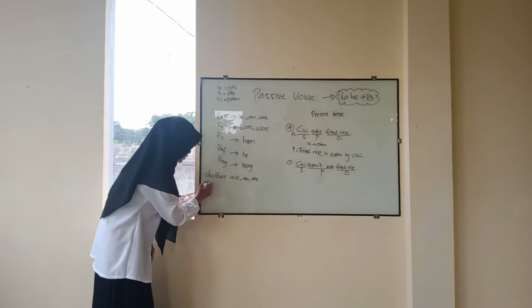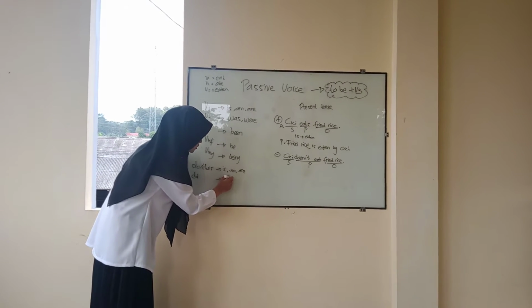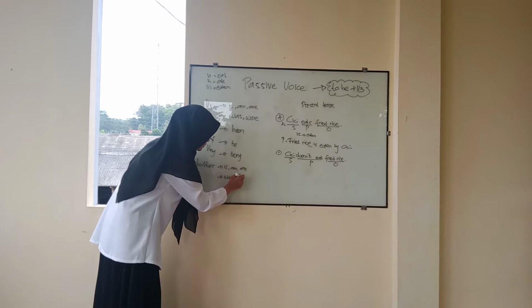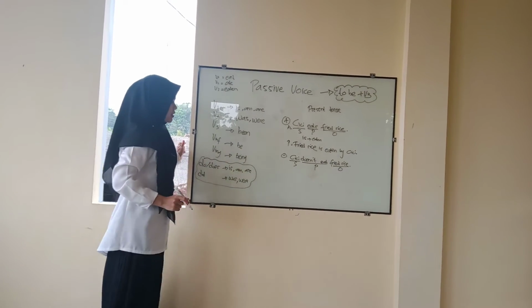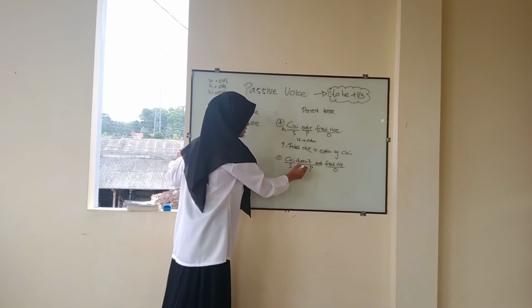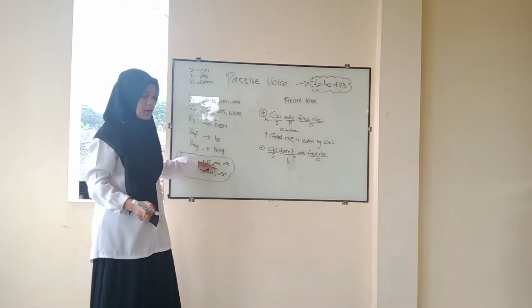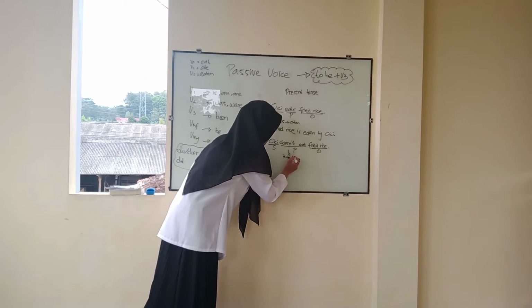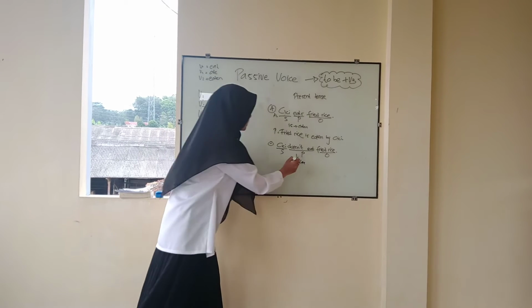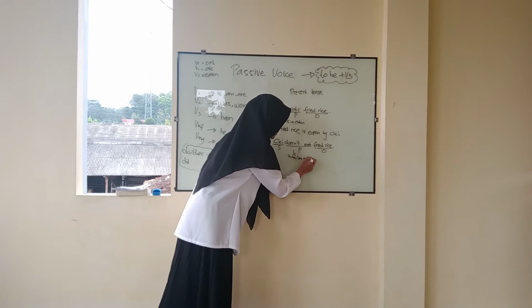Did relates with was or were. So doesn't is related with is, are. Okay. Is or are plus verb 3. Eaten.